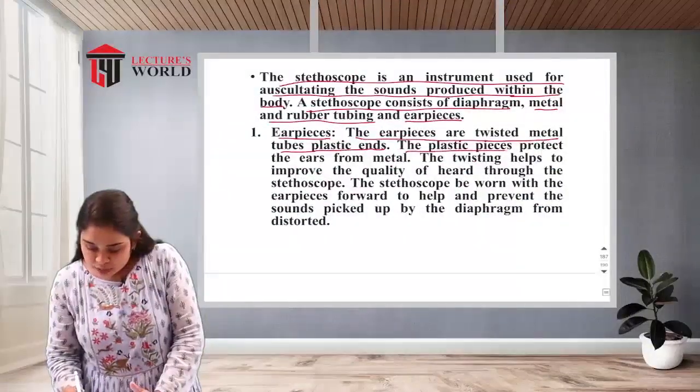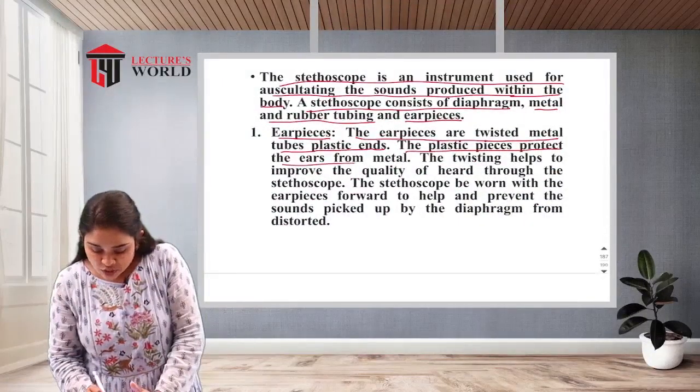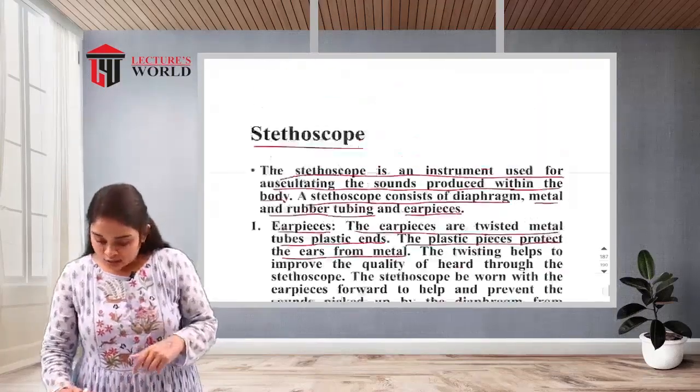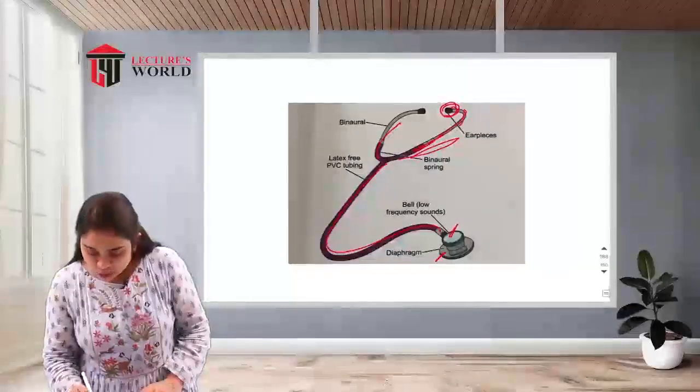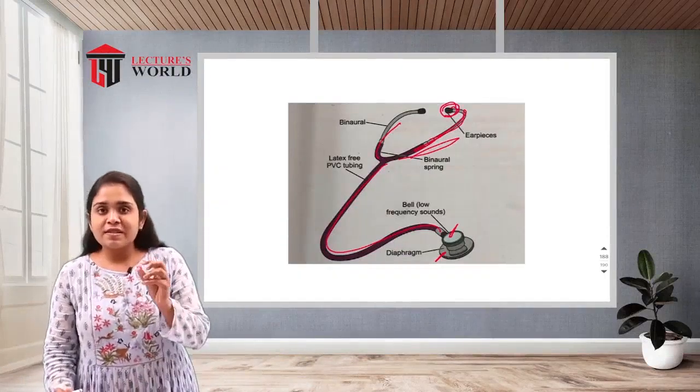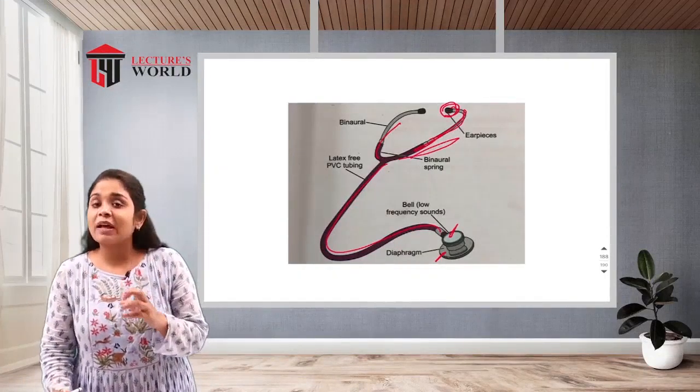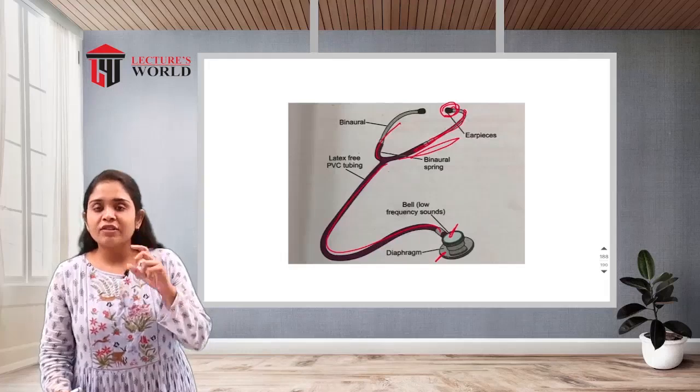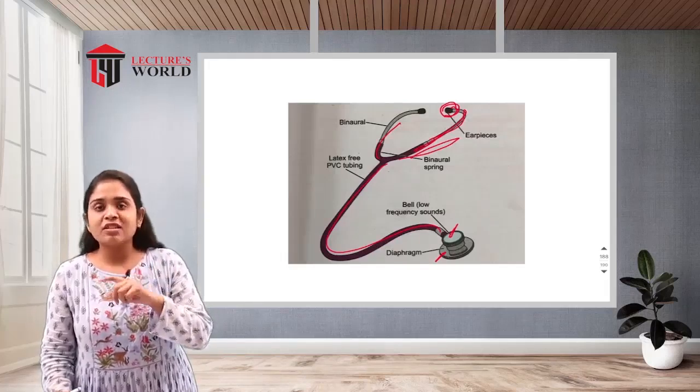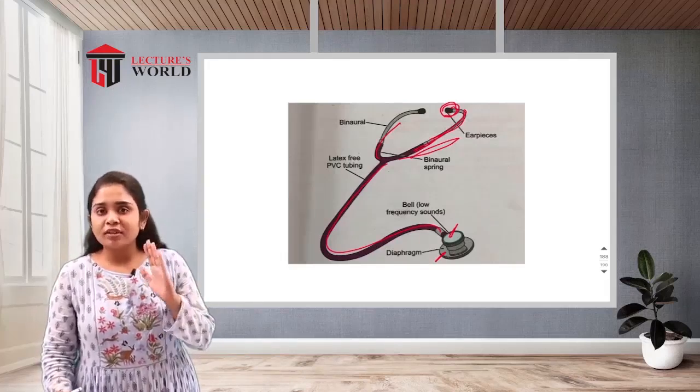The plastic piece protects the ear from the metal. This part is made of metal, and this plastic piece is made of plastic, so the metal part won't hurt the ear.